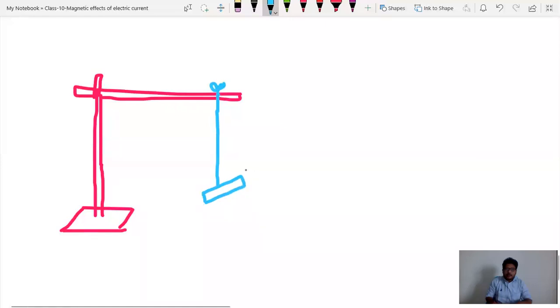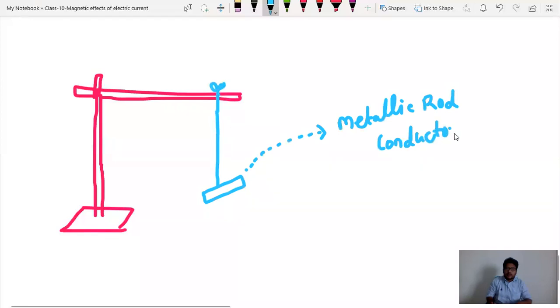This one is metallic rod, simply to say conductor. We took one metal rod. Next, I think you are familiar with the horseshoe magnet.